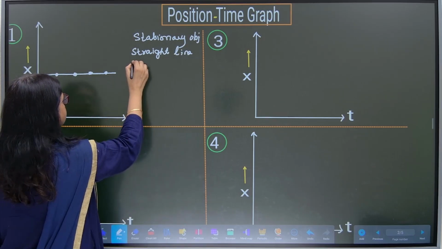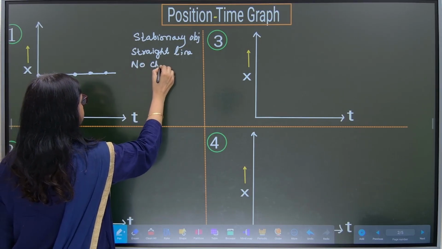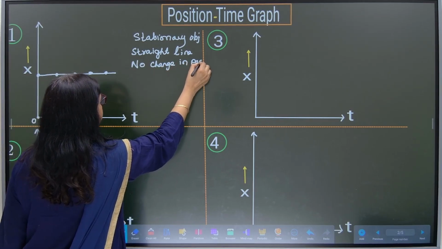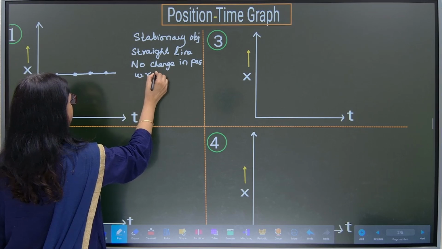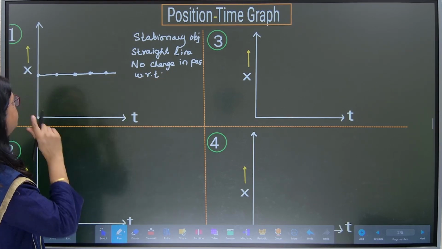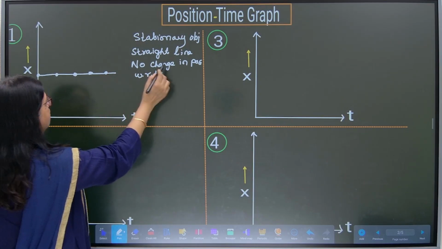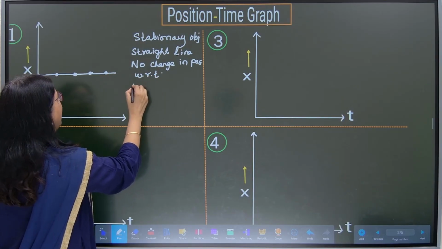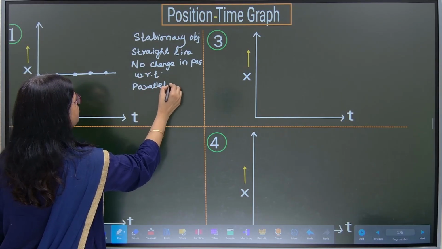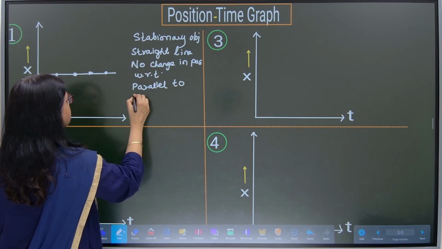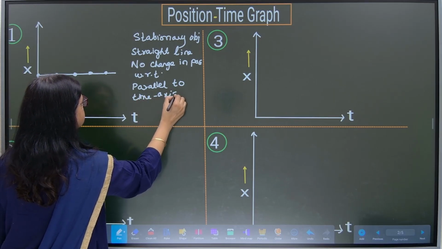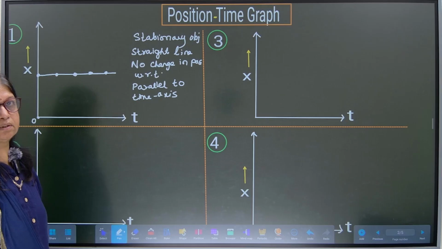Position does not change, no change in position with respect to time. Okay, and very important, this graph is a straight line which is parallel to the time axis. Where is the time axis? The x-axis in this case.